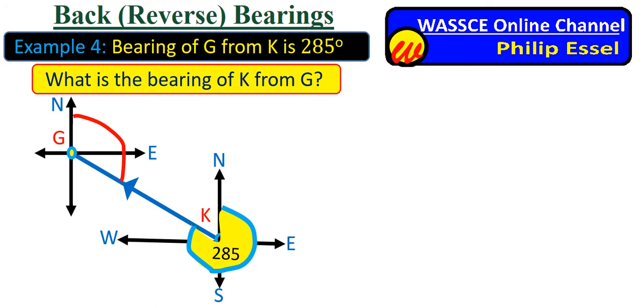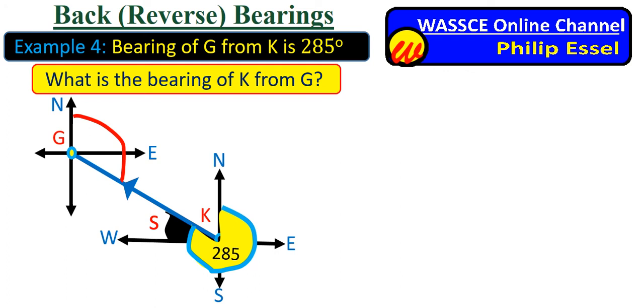Now, at this point, what do you think is the value of the angle marked S? To be able to find the value of angle S, let's remember that when we move from the north pole to the blue line, that angle is 285 degrees. Also, when we move from the north pole to the west pole, that angle is 270 degrees.